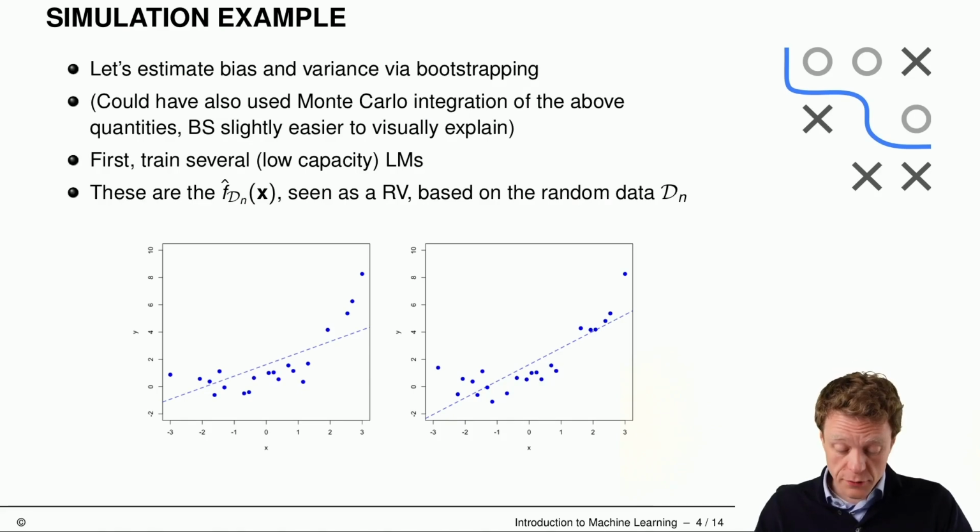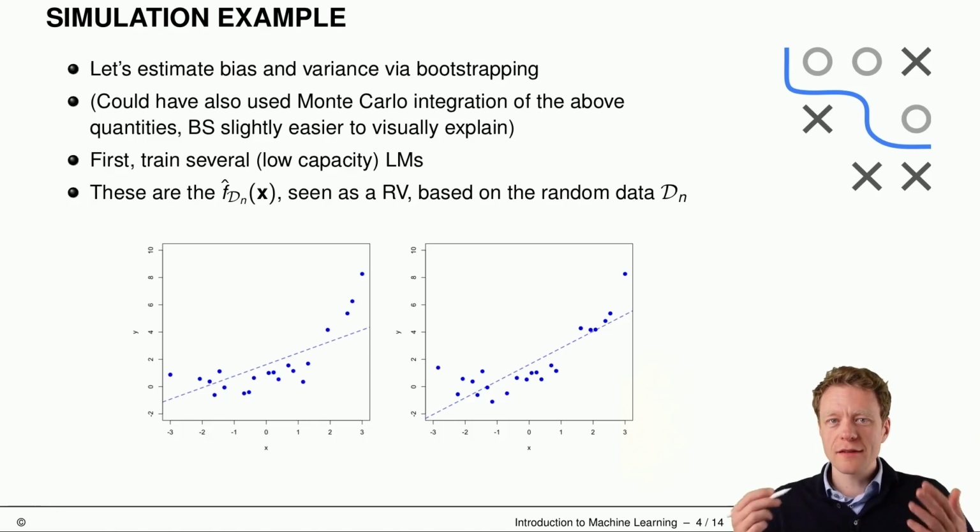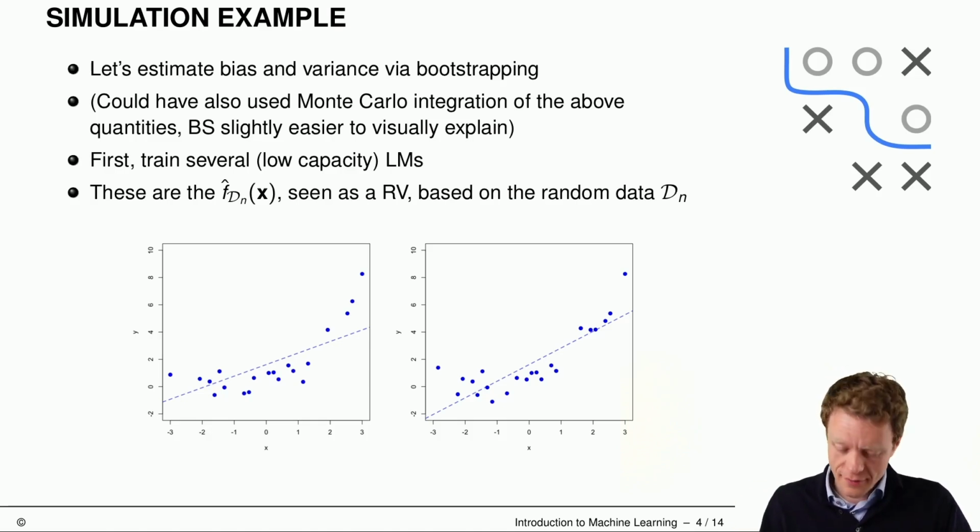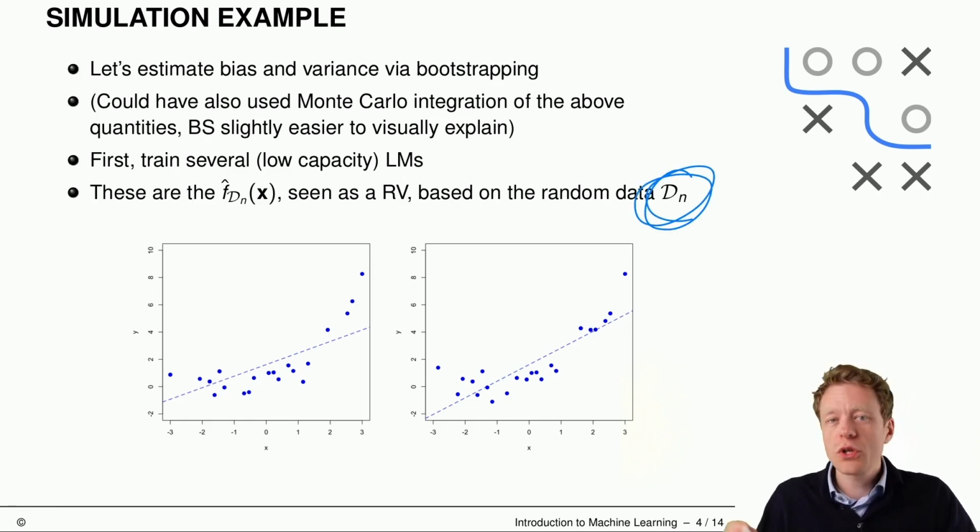We could have used Monte Carlo integration here as well, but bootstrap might be easier for the visualization. The important thing is we need a way to draw new training data sets Dn, and we do this by bootstrapping.